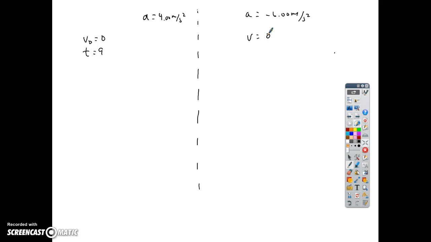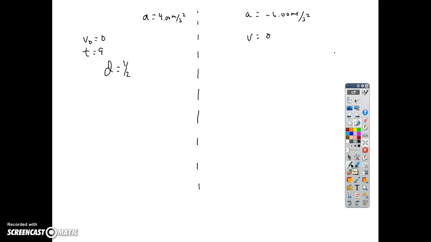How far do you travel and how much time did it take to do it? So I need how far you traveled in both times, right? So let's figure out how far do you travel on this side. Let's go. D equals 1/2... Oh, you're plugging things in already. You're a beast. I got it.